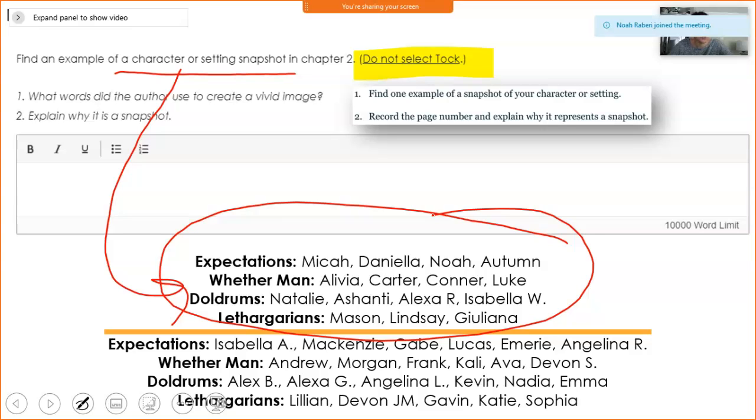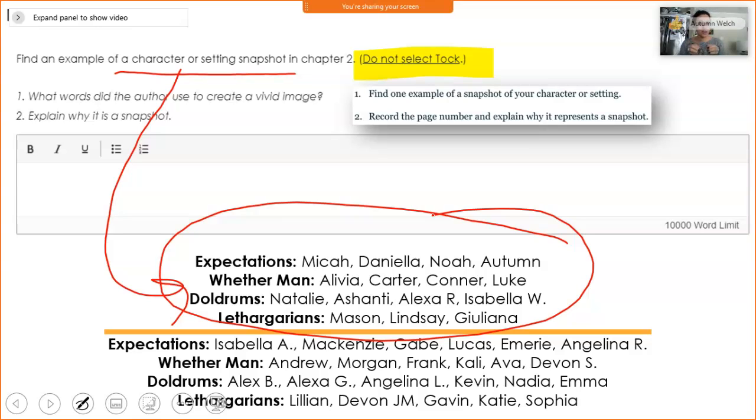So I'm going to put you in breakout rooms again like yesterday based on your character. You're going to go back into chapter 2 and find the part in the story where Norton Juster gives the snapshot. Give me a thumbs up if you're with me so far and you understand.